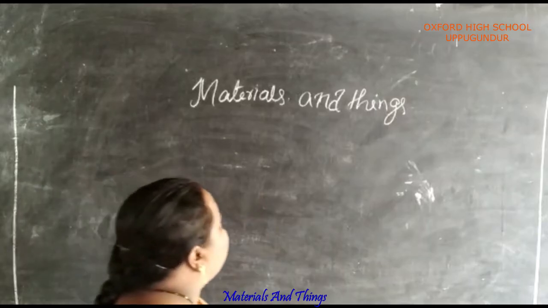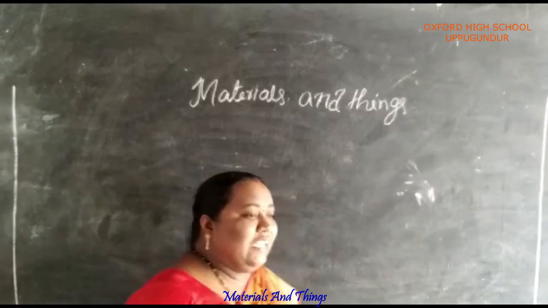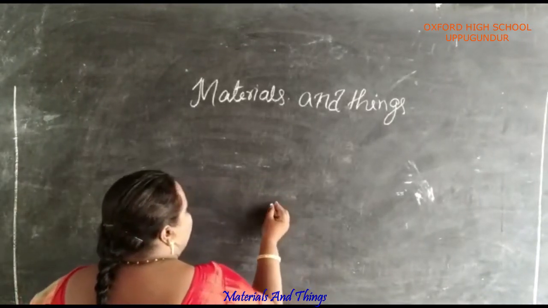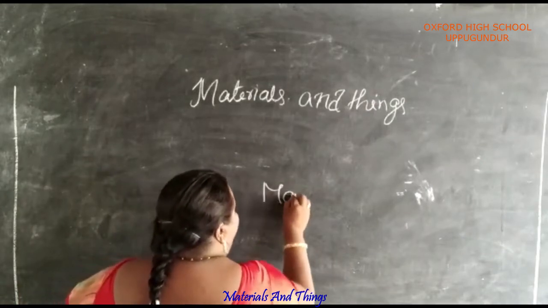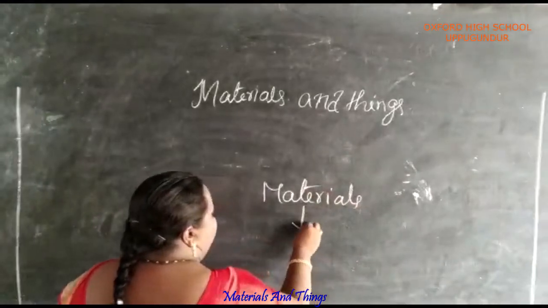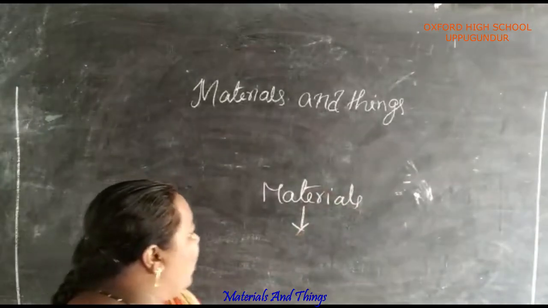Now we are going to discuss the materials and things in class 6. In this chapter we are going to discuss mainly the materials and the things which they are made up of, and how many types they are made up of.